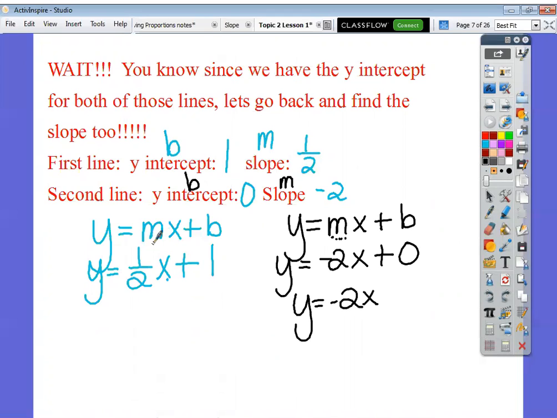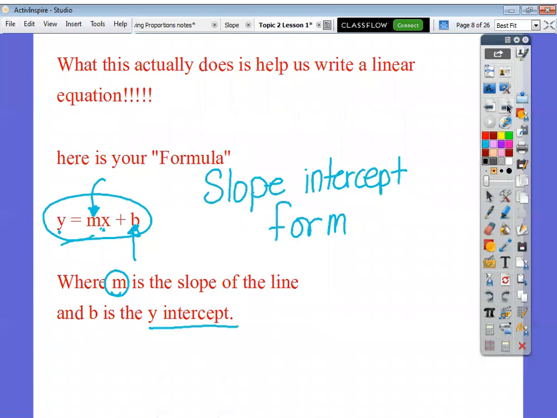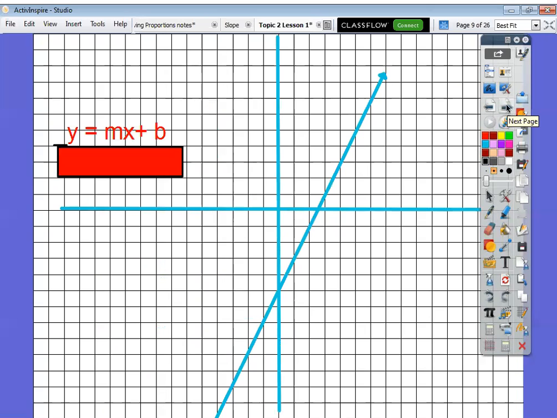Then you substitute in whatever your b you found, which is your y-intercept. All you do is you plug those values in and write out the equation. That's it. That's it. Okay, so let's take a look. Let's do this problem right here. Okay, so this is the x-axis right here, and this is the y-axis right here.